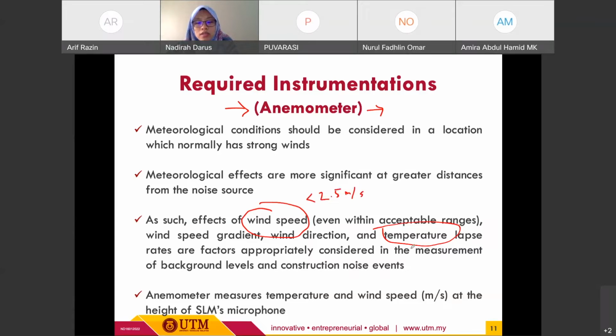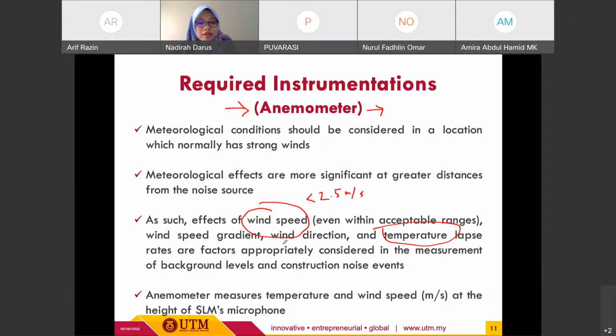I need to double check the air temperature limit. Based on my experience, both wind speed and air temperature are still within the allowable range. If the wind is too strong, it will affect the reading.